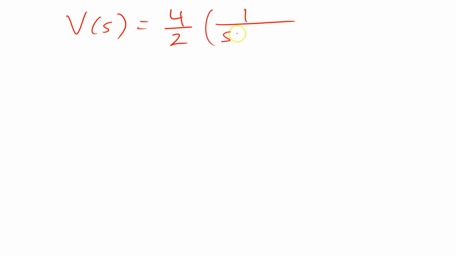So what I'm going to do is take the 4 and the 2 out, and I'll get 4 over 2 into 1 over s plus a half, plus 2 times 1 over s plus 2.